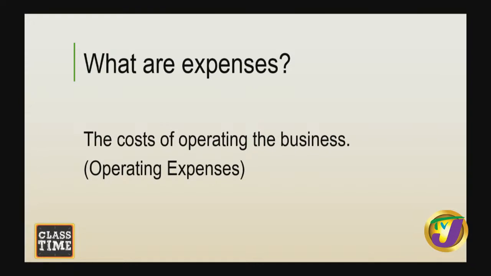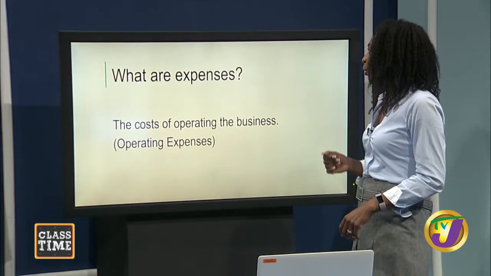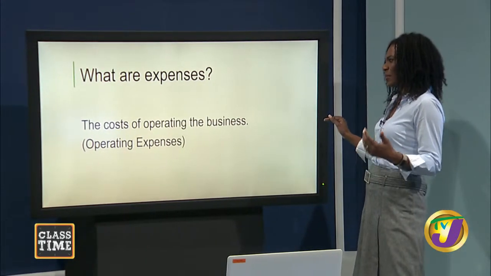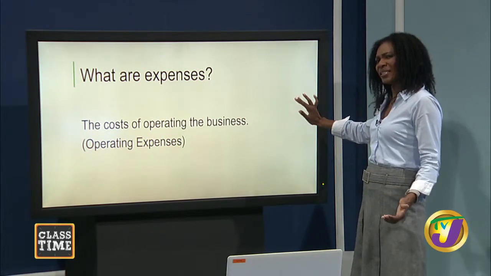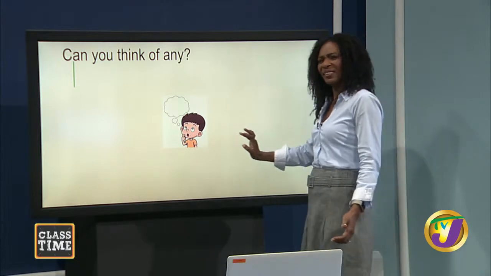And I'm hearing you loud and clear out there. They're also known as what? Operating expenses. Good. Now, the cost of operating the business. Operating expenses. Can you think of any expense that a business might incur?